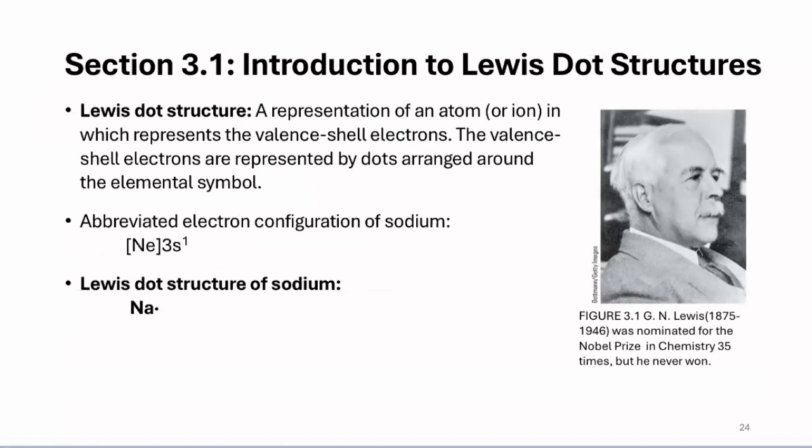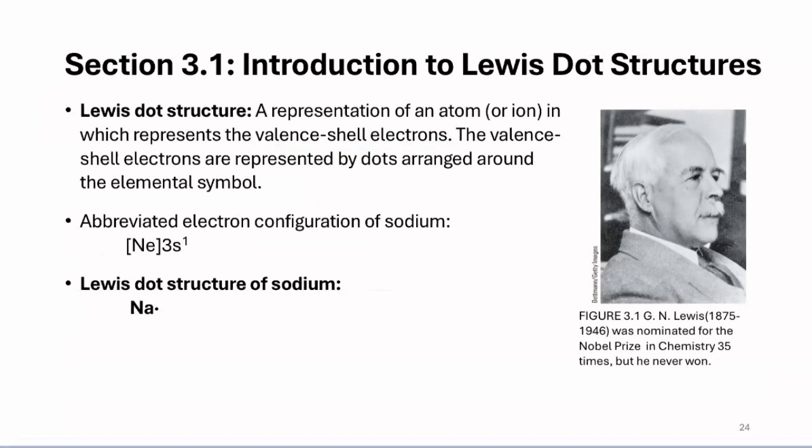Lewis dot structures come from the idea that these dots represent specifically the valence shell electrons for an atom. To remind you, valence shell electrons are the electrons that are in the outermost shell for an element.